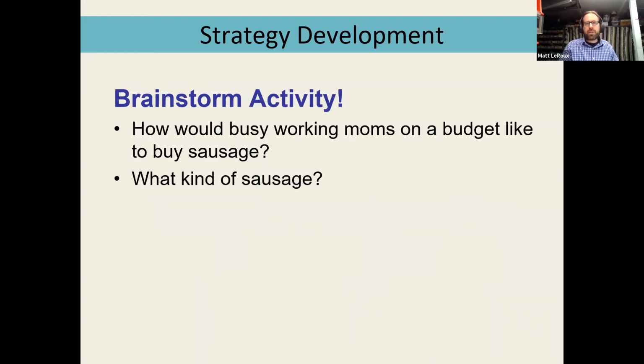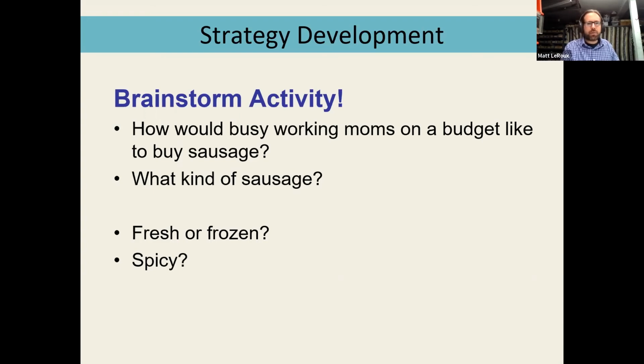So brainstorm activity, I'll just do it for us, but how would busy working moms on a budget like to buy sausage? Let's say you're raising your own livestock and you're making sausage. What kind of sausage would they want to buy? Just want to give another illustration of how to develop the product. If they're really busy, they wouldn't want to buy frozen, right? That takes time to thaw. They'd want to buy fresh. If they're feeding small children, they don't want hot and spicy.